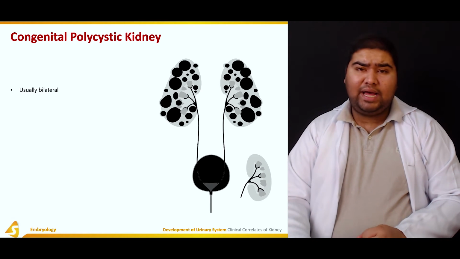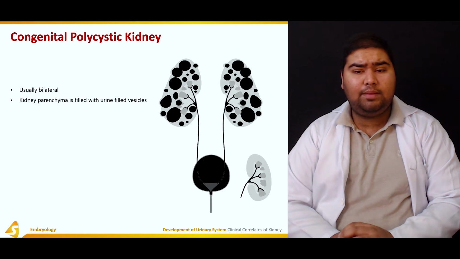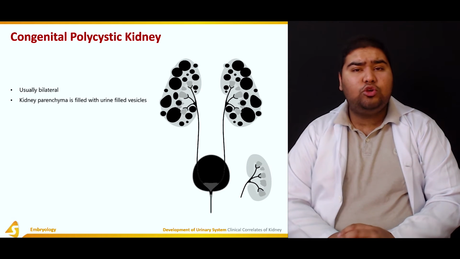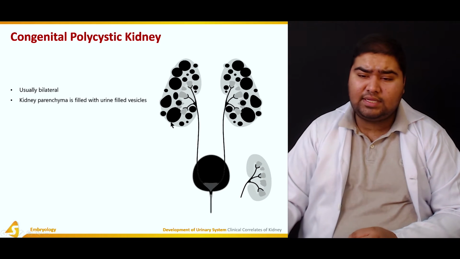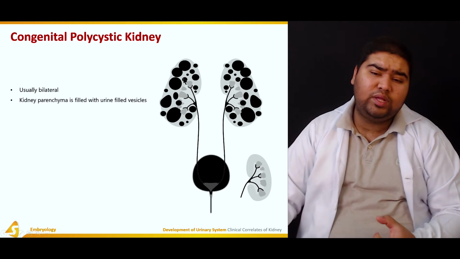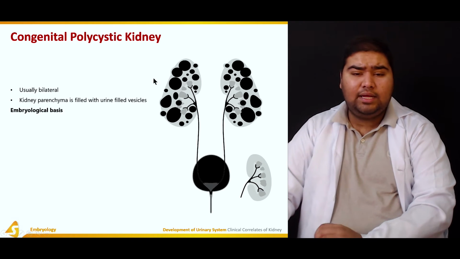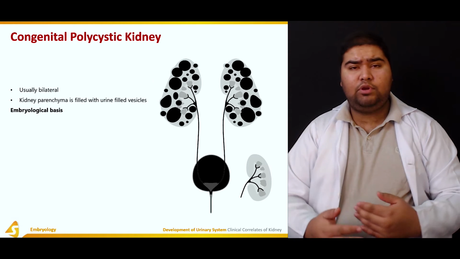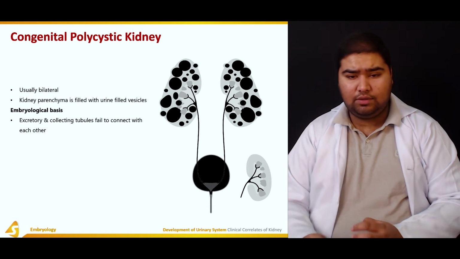It is usually a bilateral condition, and the kidney parenchyma is filled with urine-filled vesicles. As you can see in the figure, these are the urine-filled vesicles which are actually being formed within the kidney and are held there.